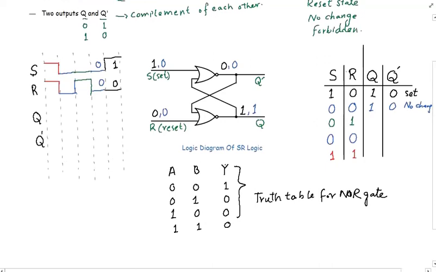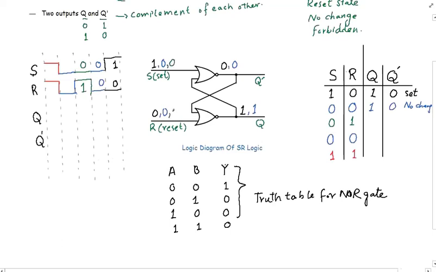Similarly, in the third case, we are going to apply a 0 and 1 to the inputs of the SR latch.